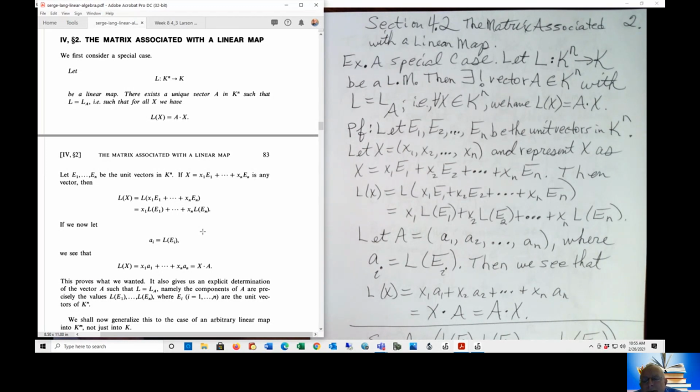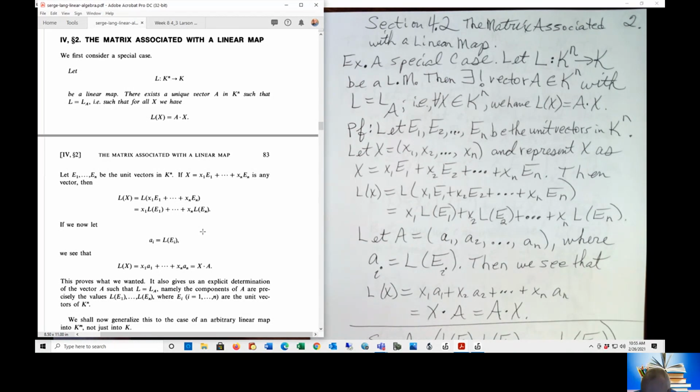So now let's operate on that equation with L. So L of x equals L of the linear combination of the xi ei's. But since L is linear, we can factor out the xi's so that we have x1 times L of e1 plus x2 times L of e2 plus dot dot dot plus xn times L of en.